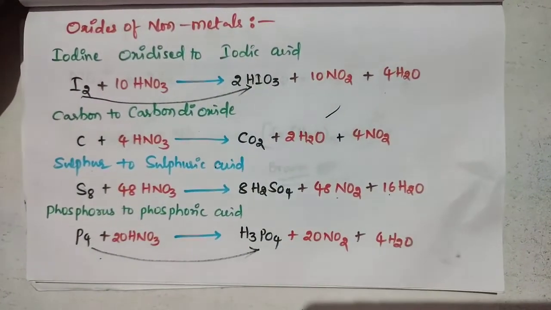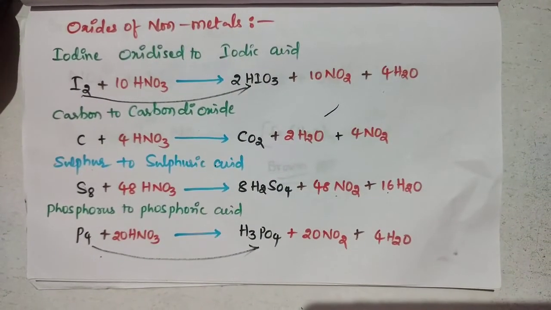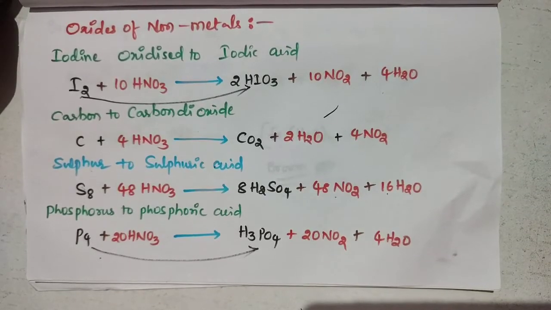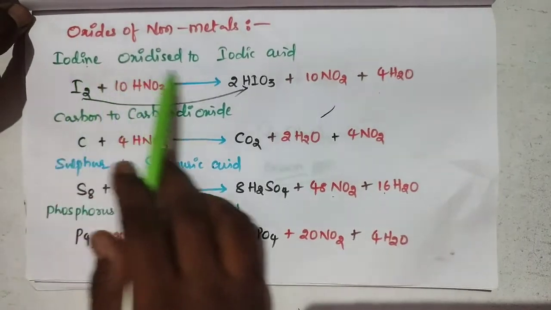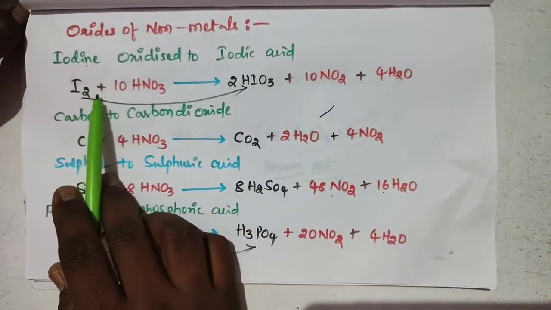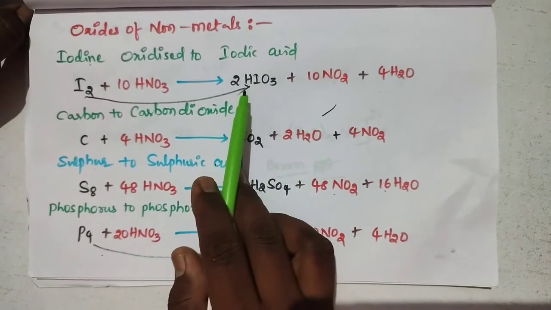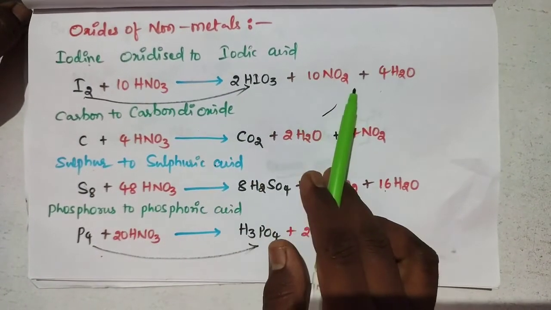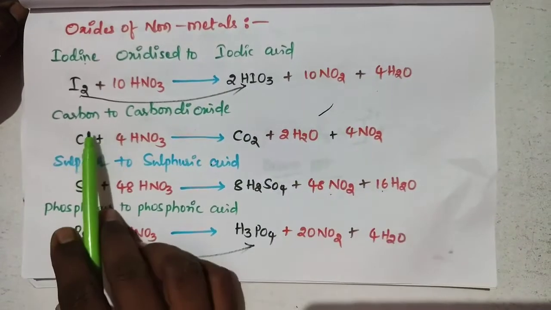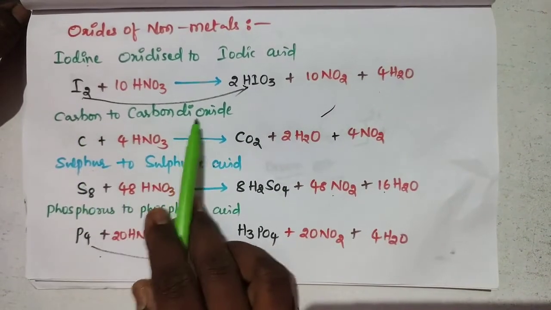HNO3 reaction with some non-metals forms oxides of the non-metals. Iodine, simple iodine, is oxidized to iodic acid. I2 reaction with 10 moles of HNO3, we get 2 moles of HIO3 plus 10NO2 plus 4H2O. Carbon is also oxidized to carbon dioxide.